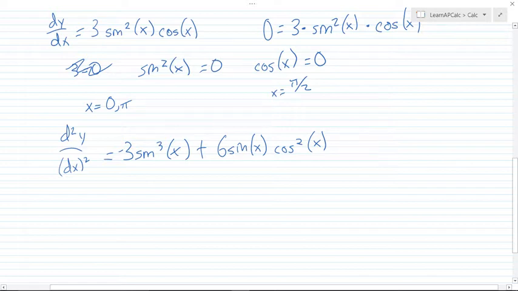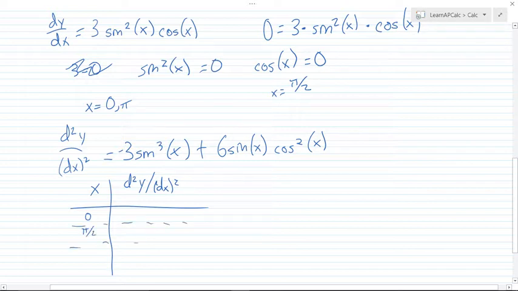The second is much easier. So x equals, now we just have a table. So here we'll put in our critical values.